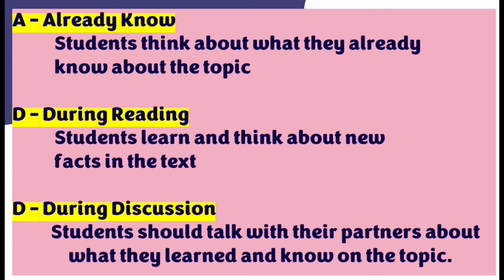You as students learn and think about new facts in the text. Then you add another D, which is during discussion. Then you should talk with your partners about what you have learned and know on the topic until you have the A, D, and D.